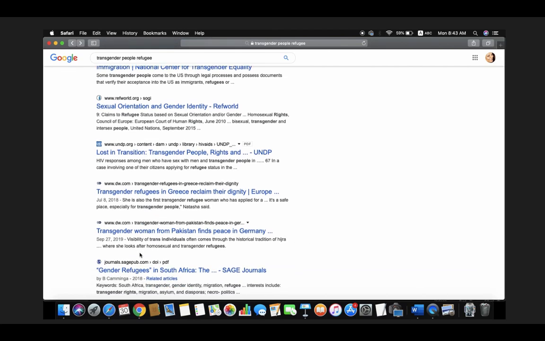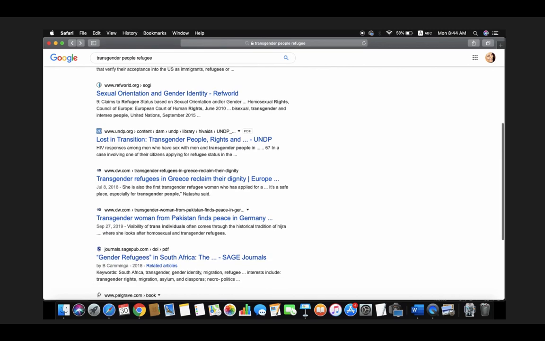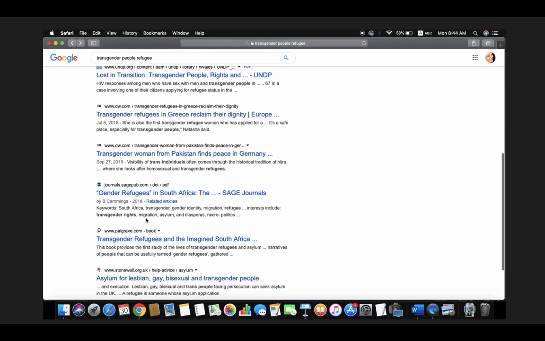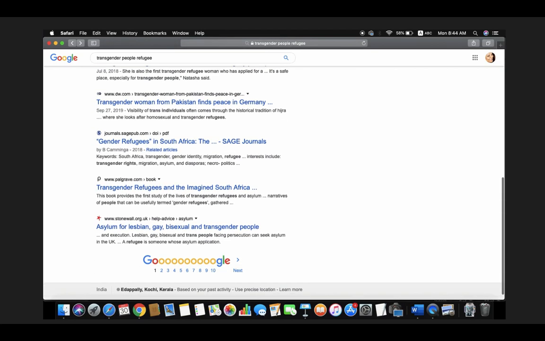Transgender refugees in Greece. See, transgender refugees. Gender refugees. You have to look up that term more. When you see it more than once, it means it is a commonly used term. Migration, asylum, diasporas, necropolitics. Write down all that and look it up. Asylum for lesbian, gay, bisexual, transgender people.